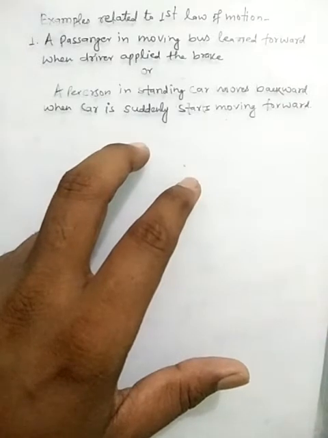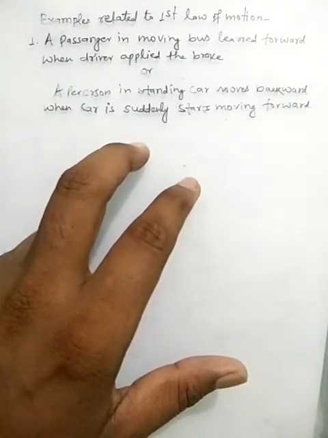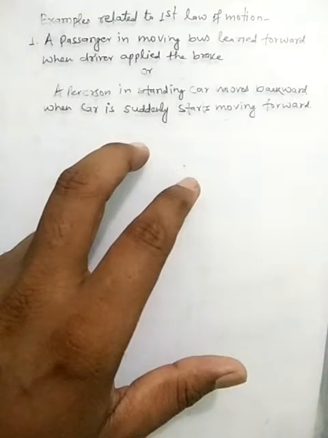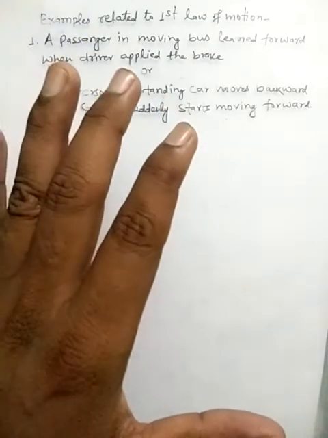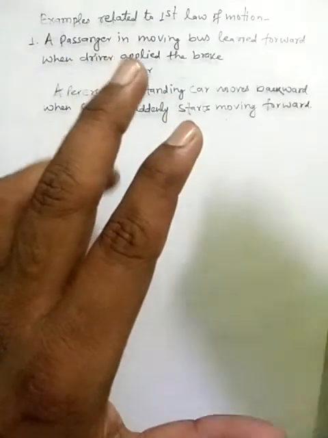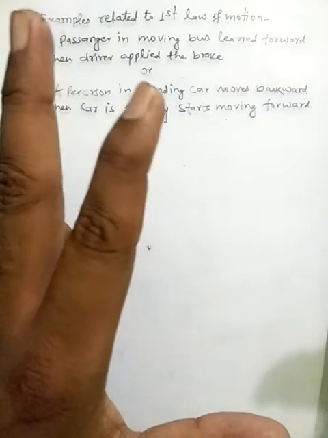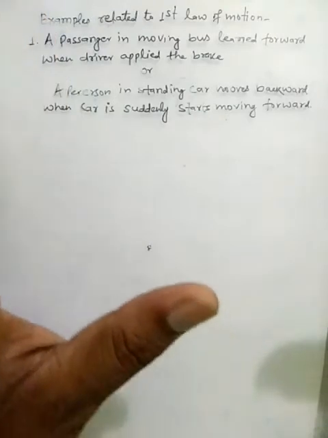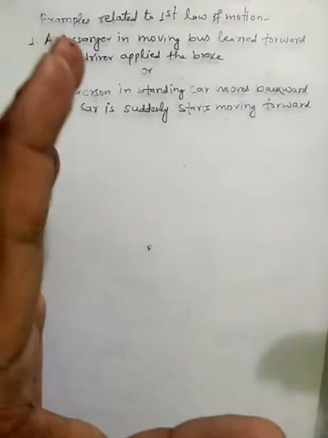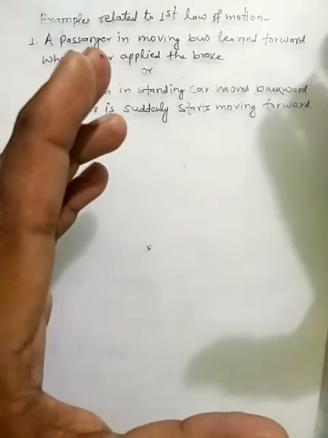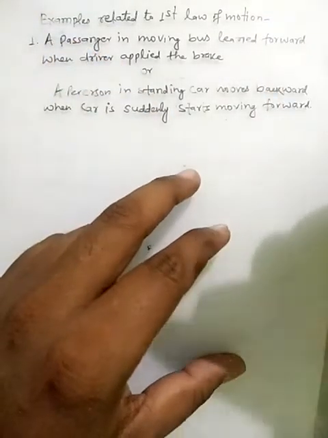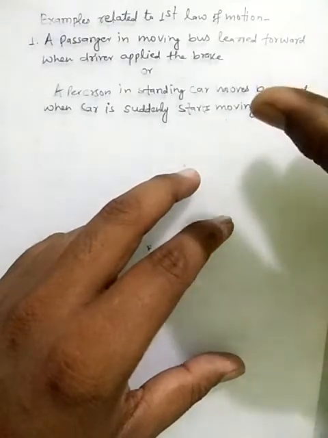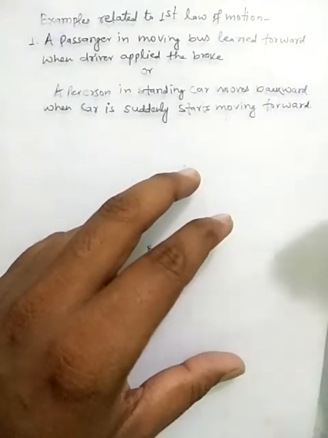The person in the moving bus is also in motion with the bus, and when the force is applied, the bus suddenly stops, but the passenger is still in inertia of motion. Therefore, the person tends to move forward, due to which the person leans forward.